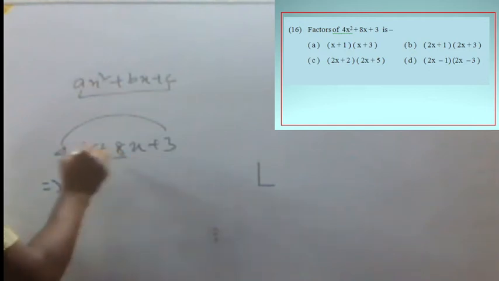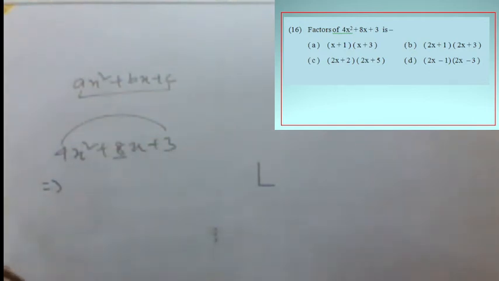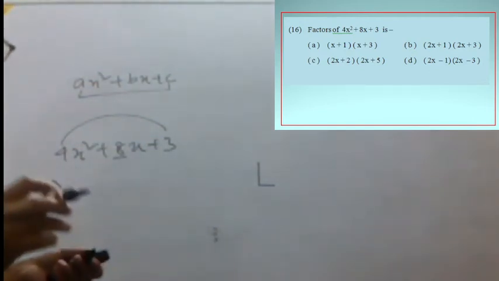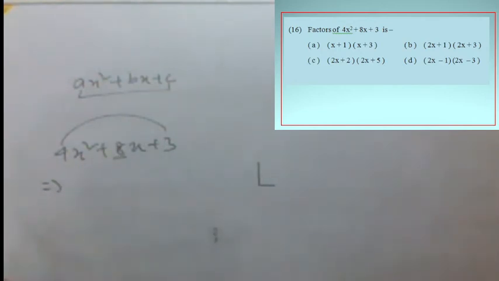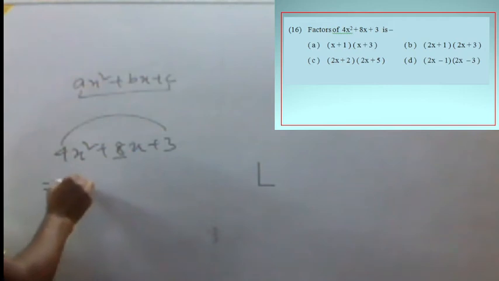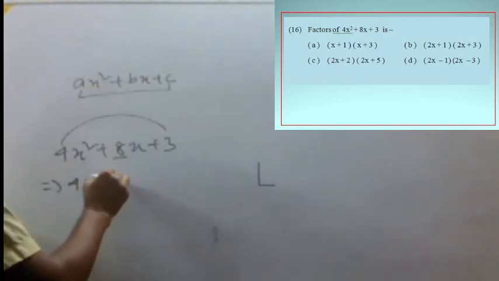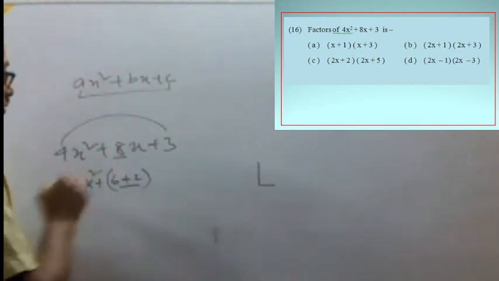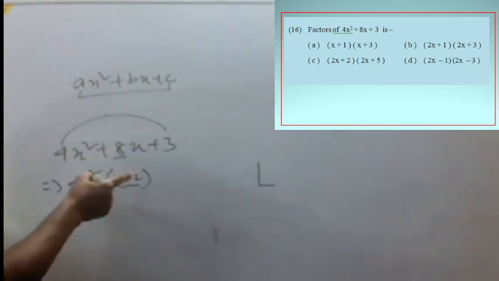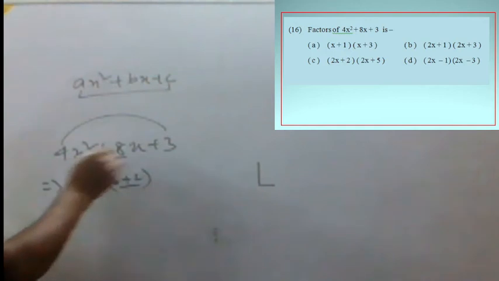Now we have to split, and it's all positive. So we write p plus q such that p plus q equals 8 and p into q is 12. So here 6 plus 2 is 8 and 6 into 2 is 12, which is equal to 4 into 3.